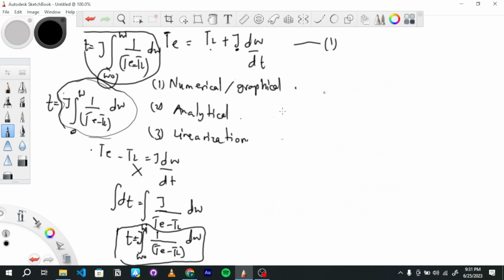So now let's take the numerical or graphical method. Let's take the graphical method. I said that my t is equal to J integral from omega naught to omega 1 over TE minus TL d omega.